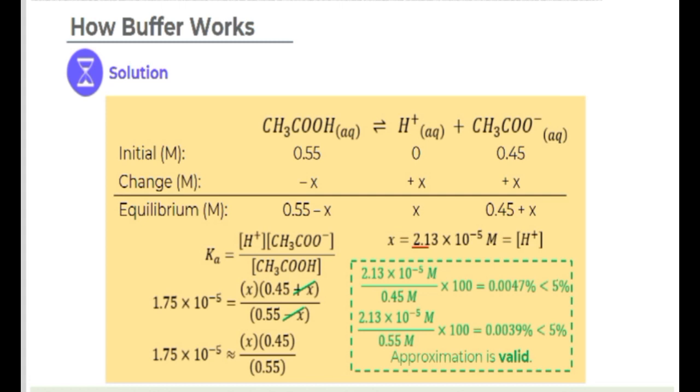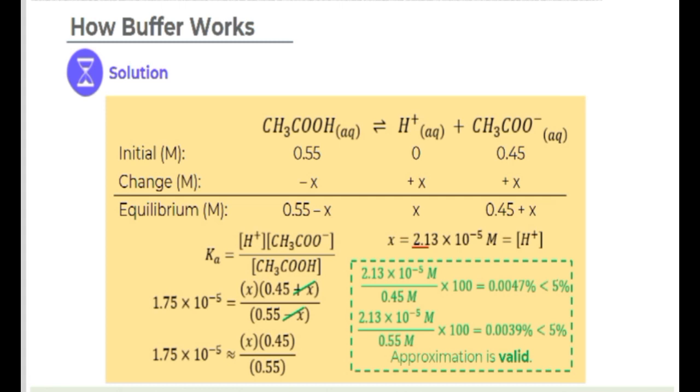Again, we will assume that X is so small that we can neglect X that is added or subtracted from the initial concentrations. Solving for X gives us 2.13 times 10 raised to negative 5 molar.